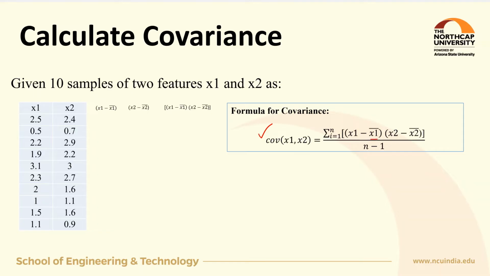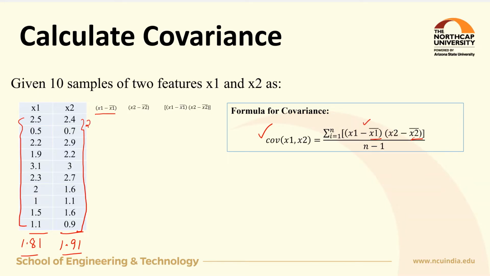Here in the formula, x1 bar is the mean of all x1 values, that is the sum divided by the total number of samples, 10. It comes out to be 1.81, and for x2 the mean is coming out to be 1.91, by taking the sum of all these and dividing by 10. Now calculate x1 minus x1 bar as per the formula.